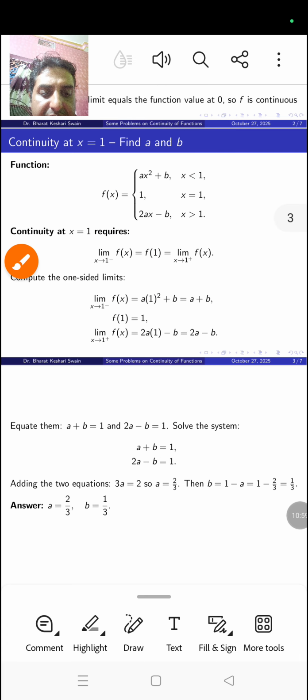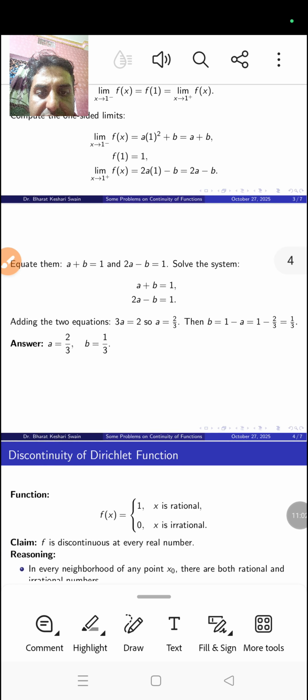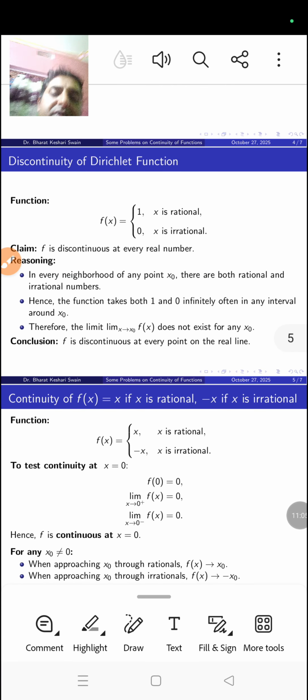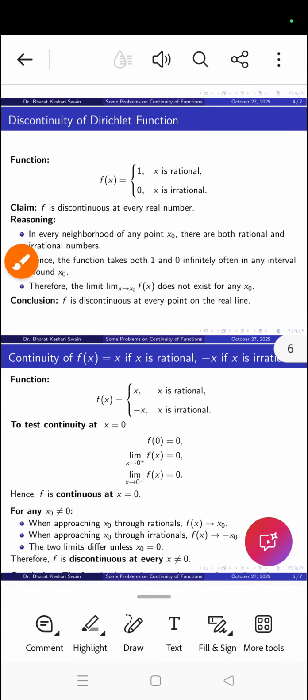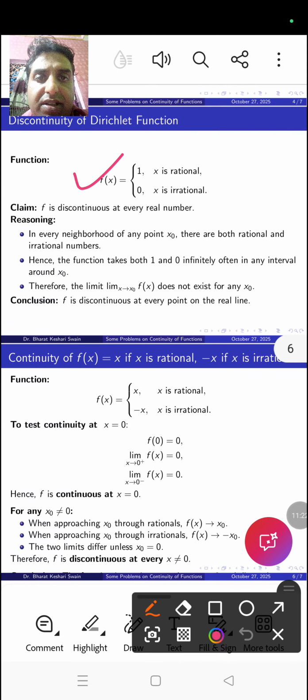Clear? Next example is discontinuity. We have to check the continuity of the function f(x), also called the Dirichlet function. f(x) equal to 1 if x is rational, and 0 if x is irrational.